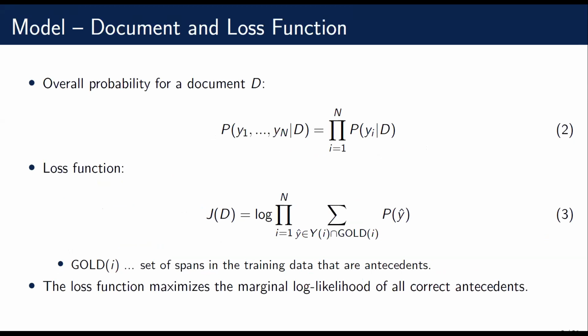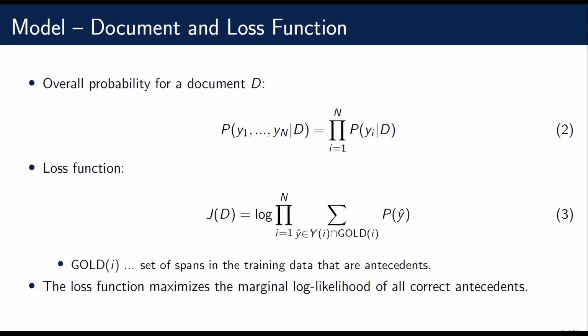And this is the final part of the model where we produce the loss function. The probability of the document is a product of the argmax probability of all antecedents for all the mentions, and the loss function is modeled according to this overall probability, where we only put in the model the gold antecedents.